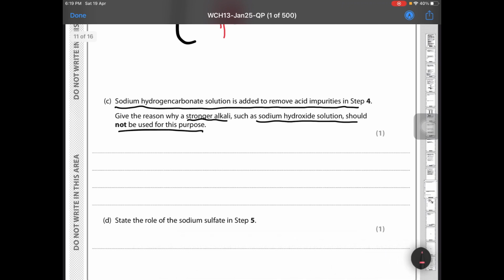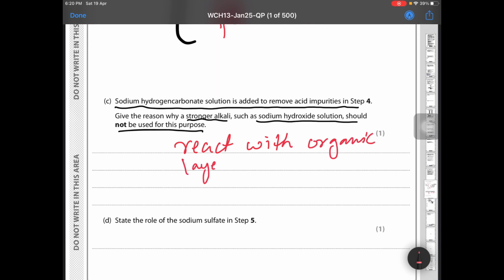So this is your answer. The reason is it can react with the organic layer. Even if you write this much, you will get 1 mark. If you want to be more specific, you can say it reacts with the organic layer to reform the alcohol.